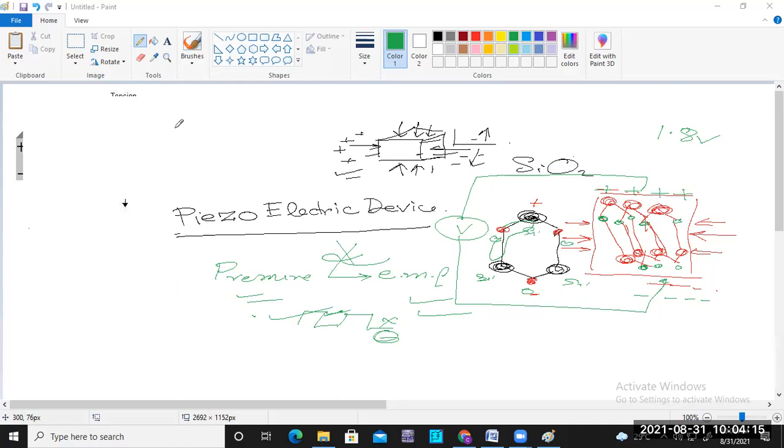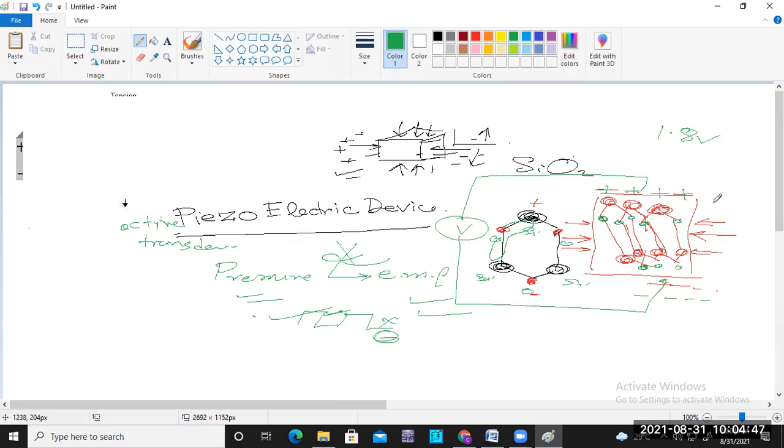So this piezoelectric device is also called an active transducer, meaning it can produce or give a signal on its own. There is no need to apply any external power. That's why it is called an active transducer.